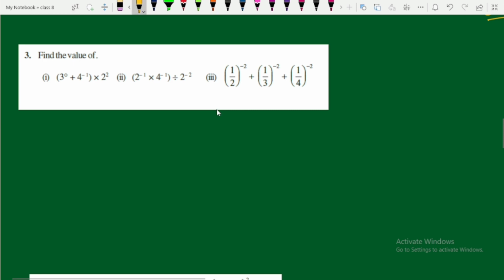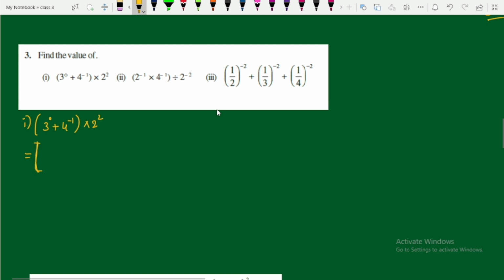Question number 1 is bracket 3 raised to 0 plus 4 raised to minus 1, into 2 square into 2 square. How can we do this sum? Again you have to remember all the laws of exponents so that it is easy to solve. Wherever you can apply the laws, you can apply them and simplify.